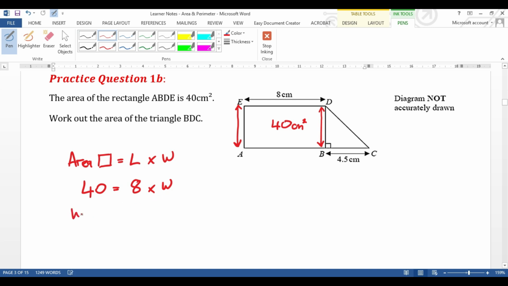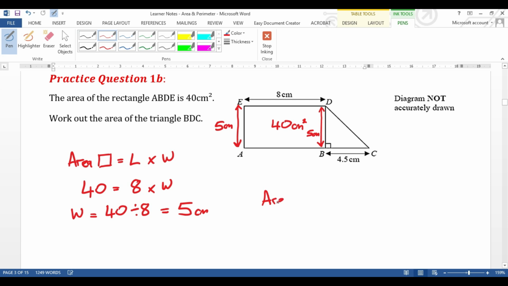But to work backwards, you can also do the opposite of multiply, which is divide by 8, and that gives you 5, and that's going to be centimeters for this width here. Yep. That means that height of the triangle is going to be 5 as well.